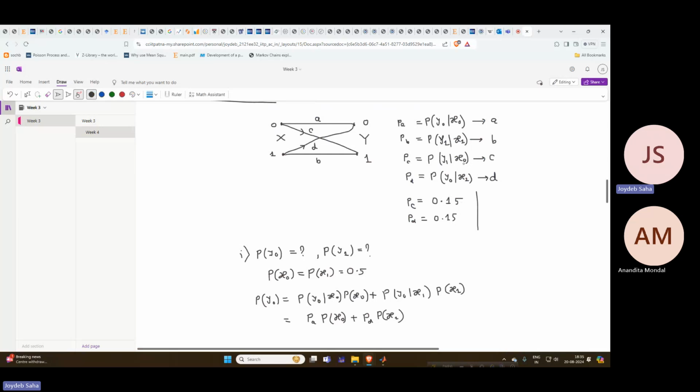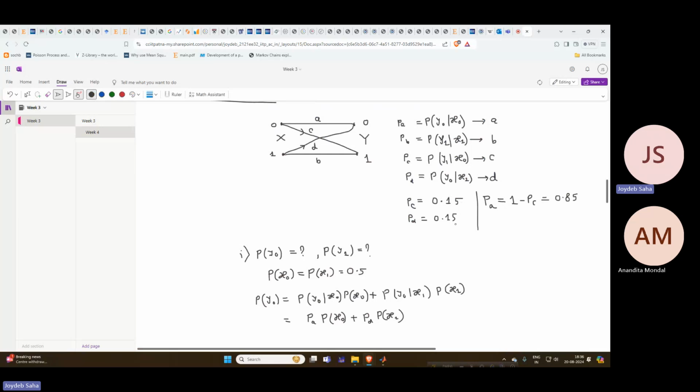So if input is 0, then only event C or event A can happen. So PA, and we know that total probability is always 1, will be 1 minus PC, which is 0.85.